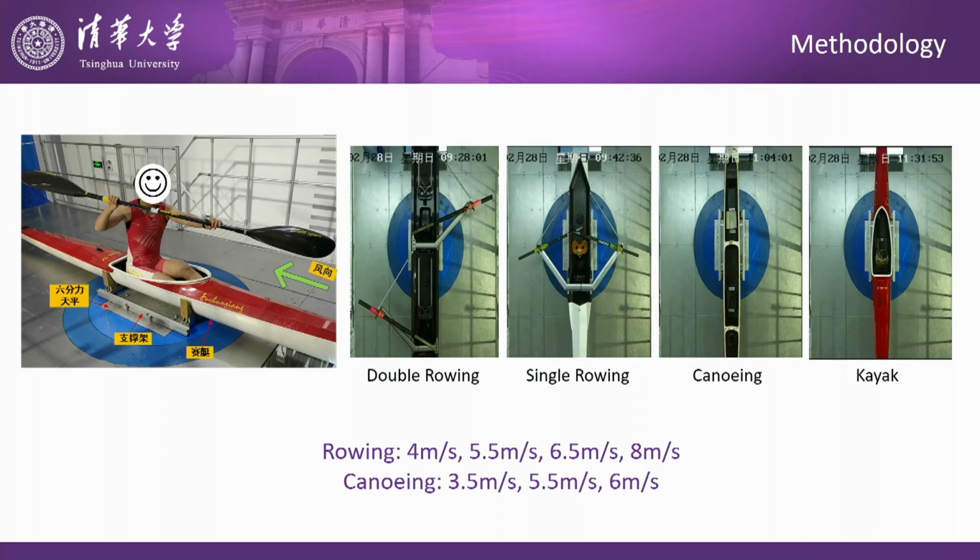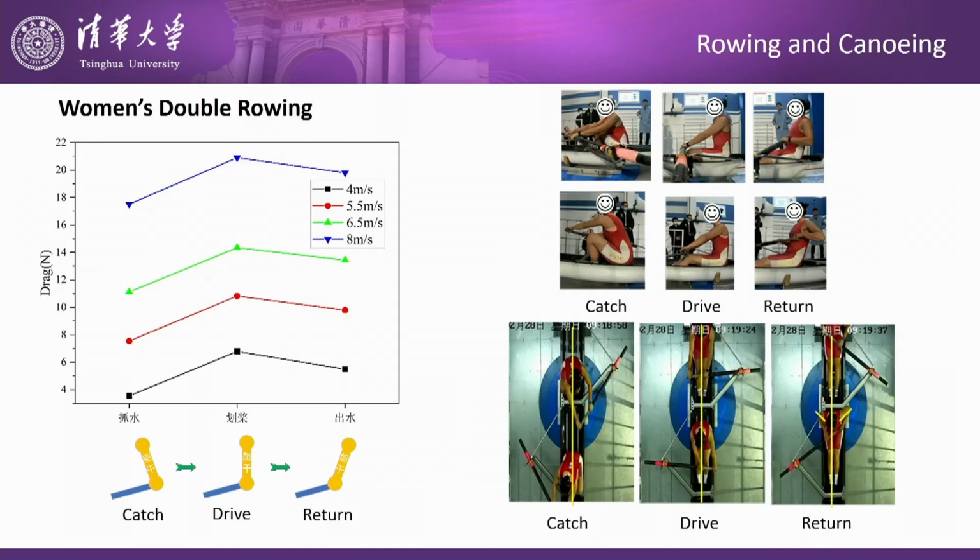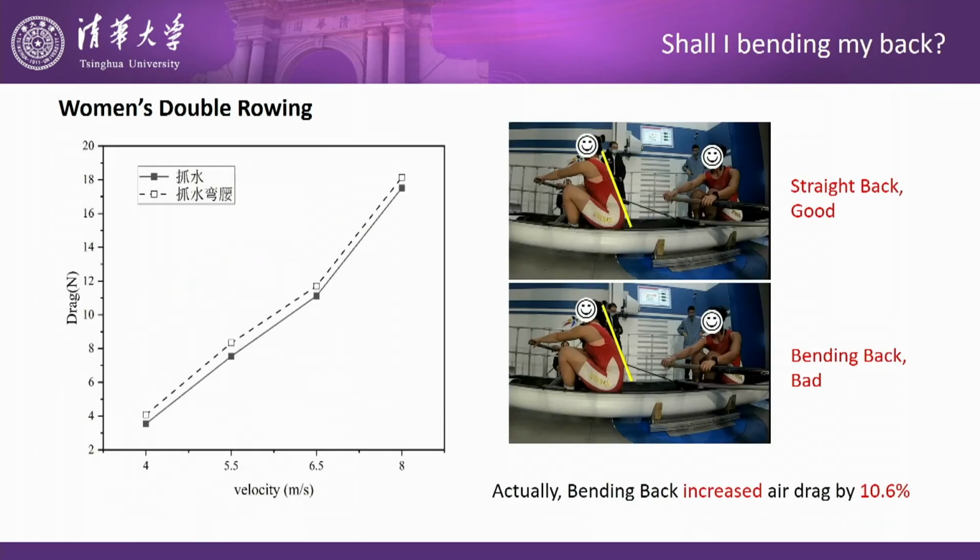And this is the wind test speed. For double rowing, we do catch the water, drive, and return. We do 3 technical gestures, and we tested different wind speeds. A very interesting thing: shall I bend my back?